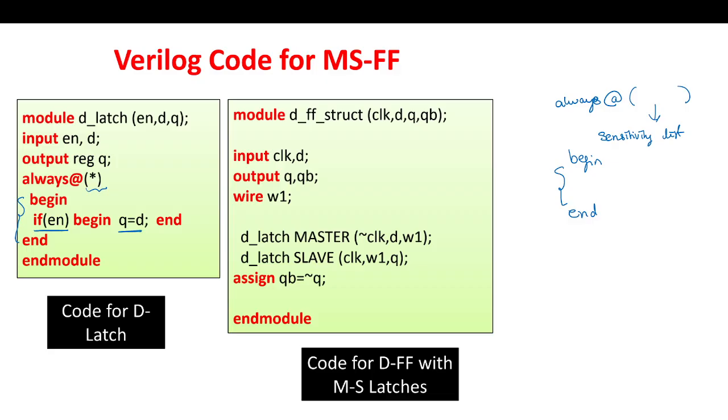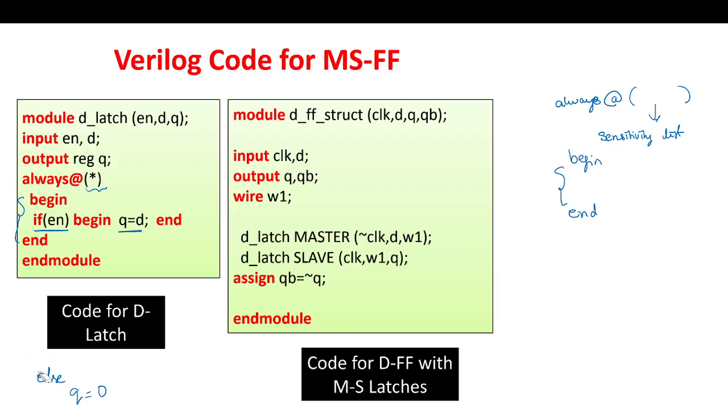If you want, you can also mention else, that is enable equal to 0. We want Q to be... Q is already a register, so we can write 0.